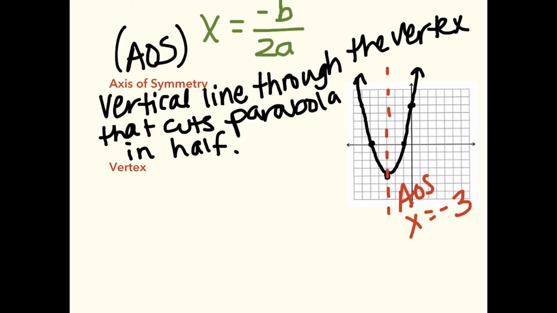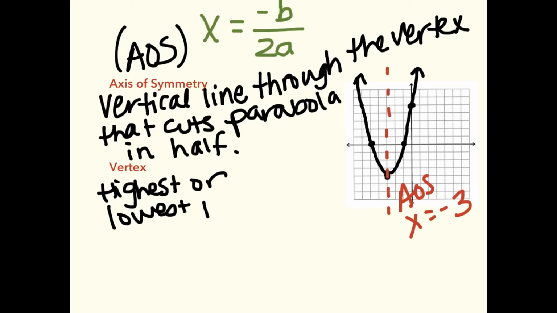Now the vertex is going to be the highest or lowest point on your graph. You can see over here that our vertex is a low point right there. So that's my vertex. Your vertex is written in ordered pair form. The x comes from whatever your axis of symmetry was.